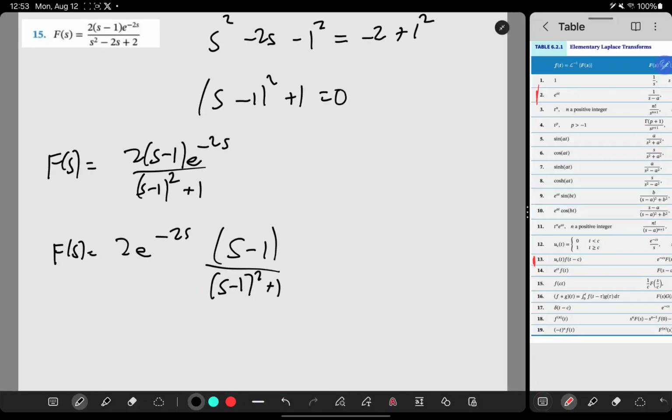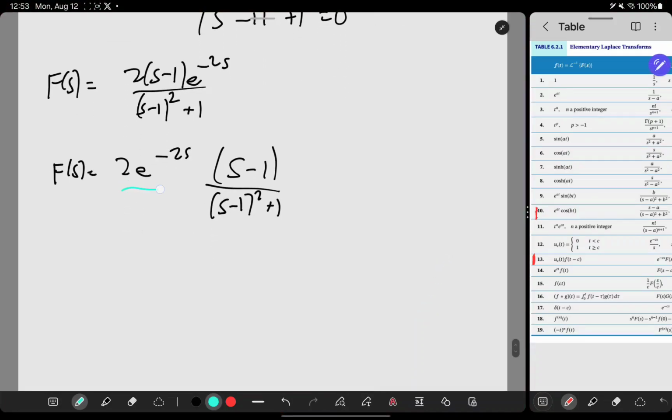This one, let's look. We're going to be using this one right here, and we're going to use this one again. So let's look at that first part.